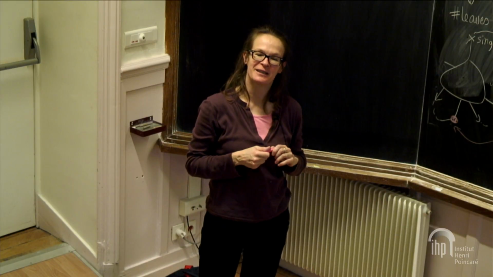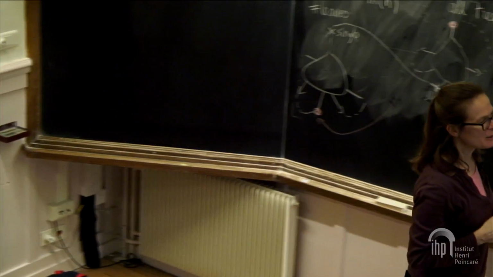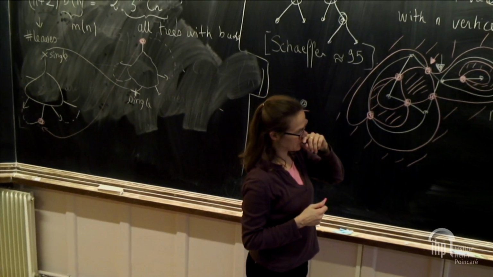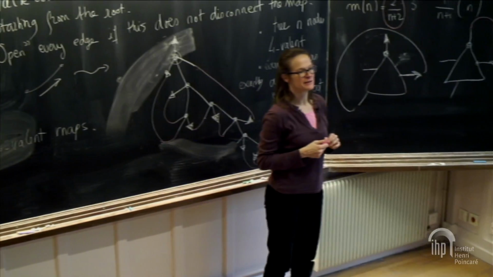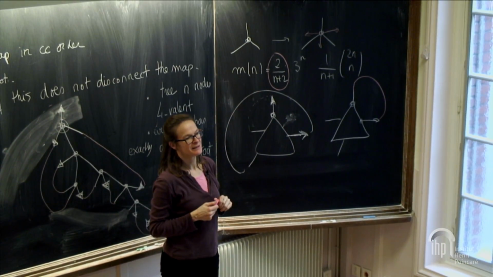What do you think, Eric? Are there bijections that do what Philippe is asking for? That is, the Catalan number is counted by the matching between buds and leaves, and then you interpret the 3 to the n differently?